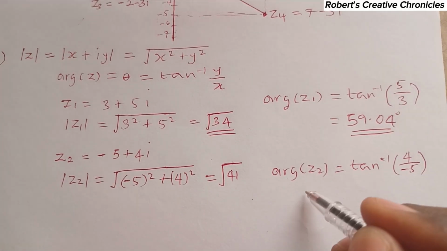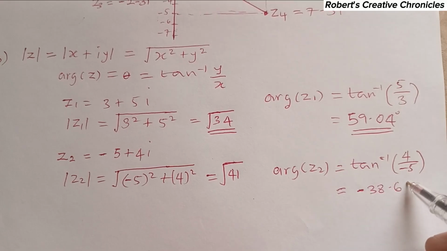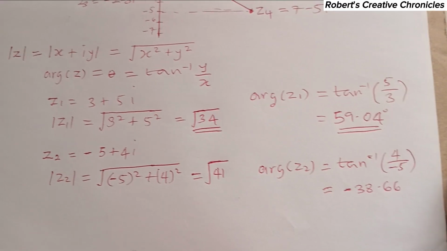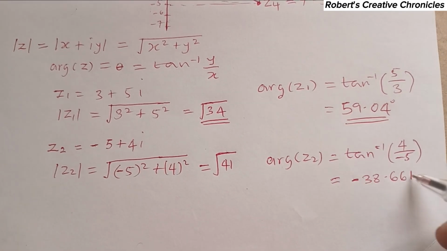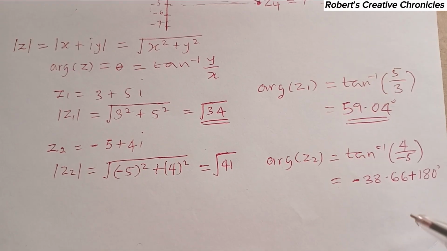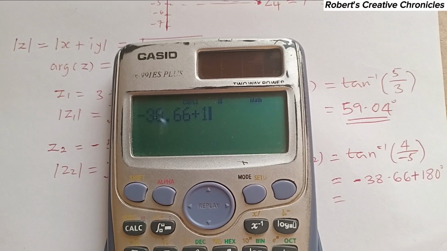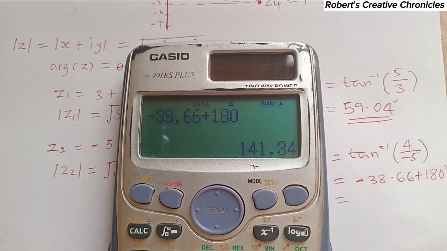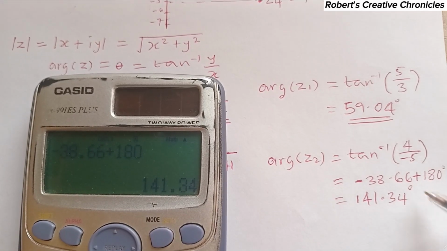So this is what? Negative 38.66 approximately. Then we add 180 to it, since it's the second quadrant. So this will be minus 38.66 plus 180 degrees, which is 141.34 degrees.